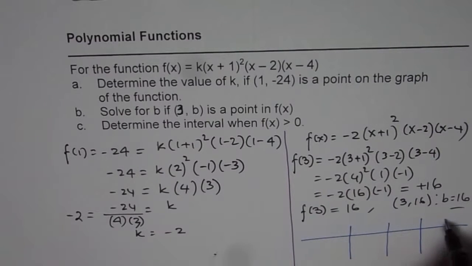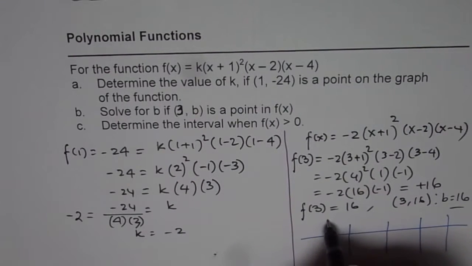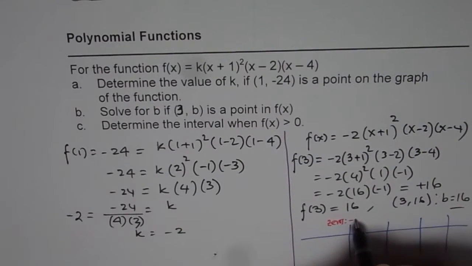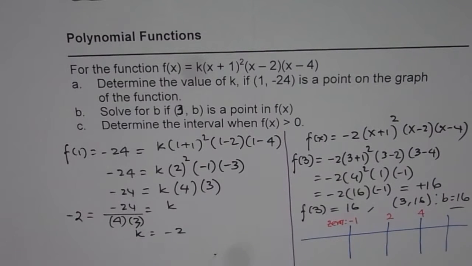Let me write down these zeros first, and then we will see how to solve it. The zeros are at minus 1, 2, and 4.